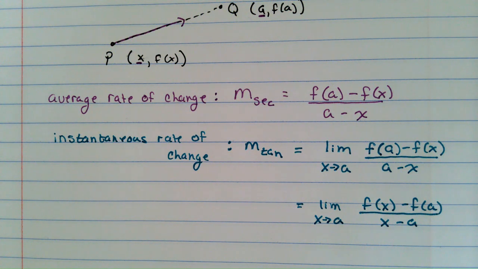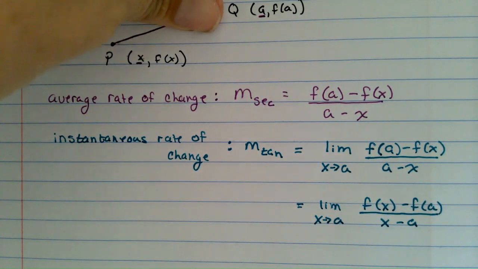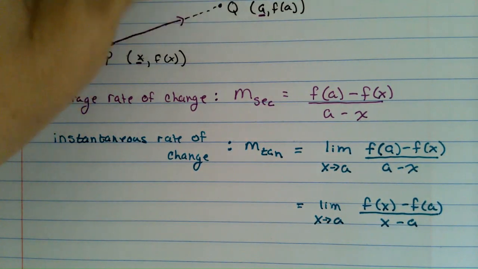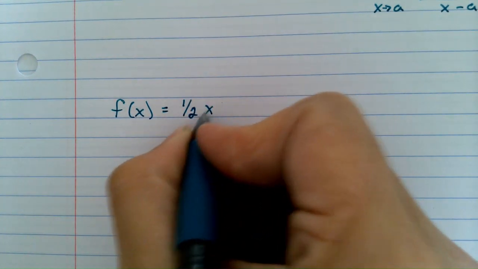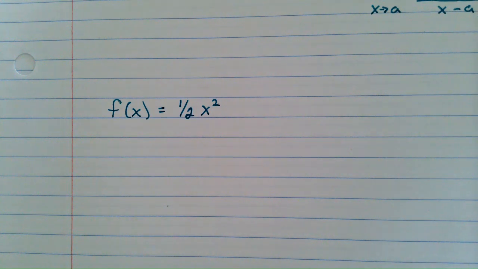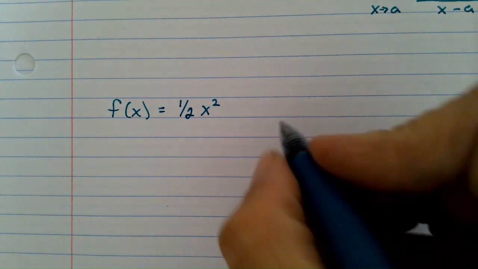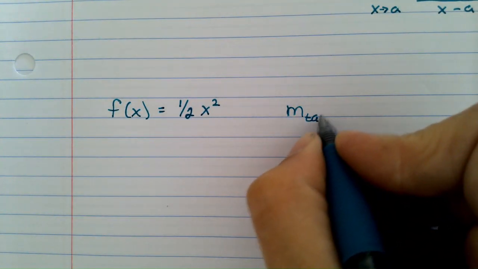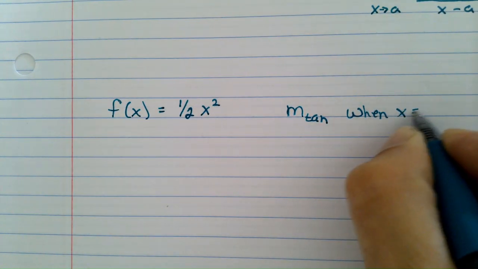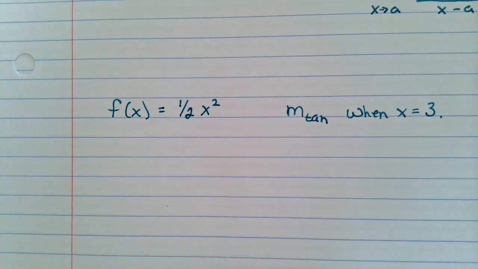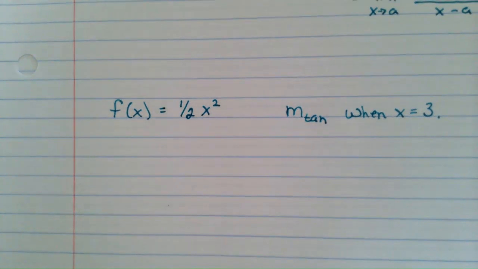So let's think about that. Let's look at y equals 1/2 x squared. I want to know the slope of the tangent line when x equals 3.